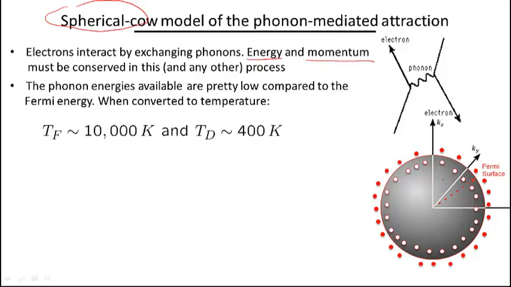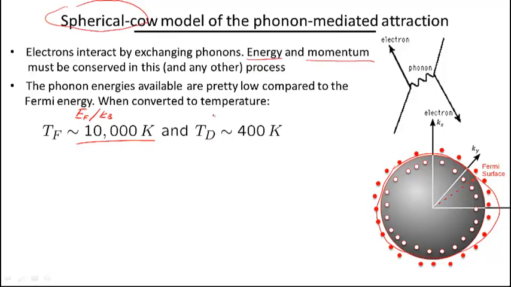I denote it as E sub F, the Fermi energy, divided by the Boltzmann constant, to convert it into more familiar temperature units. The corresponding typical temperature of electrons is about 10,000 Kelvin. These electrons, which are the main players of the theory, have energy associated with this temperature scale.